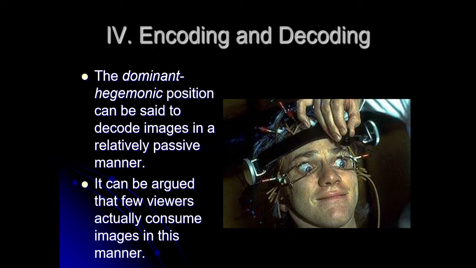The dominant hegemonic position is not easy and not very common. Maybe only one or five out of a hundred can be a dominant hegemonic position holder. He can easily understand what the producer wants the person to see. There will be some changes, different kinds of changes.